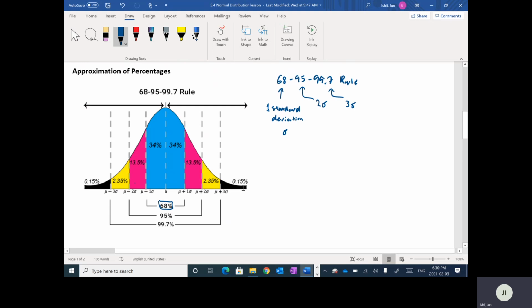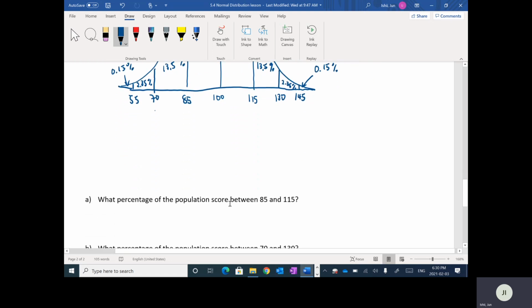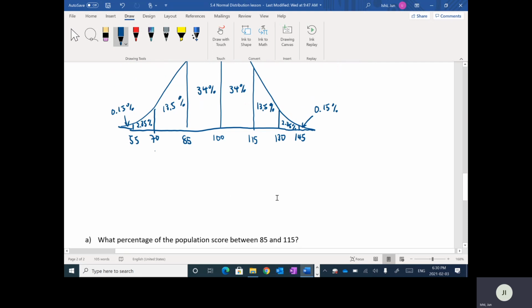Okay, so scrolling back to the context of this question, what this means is, if I asked, what percent of the population has an IQ of greater than 145, that would be this little section here, right? So that'd be 0.15%. All right, and so on. All right, so let's answer some of these questions. What percentage of the population scored between 85 and 115?